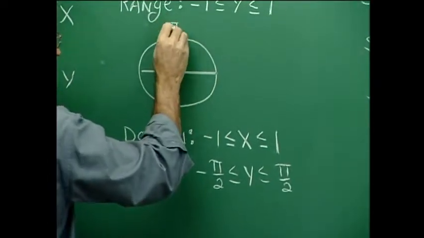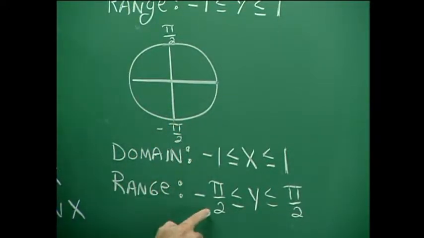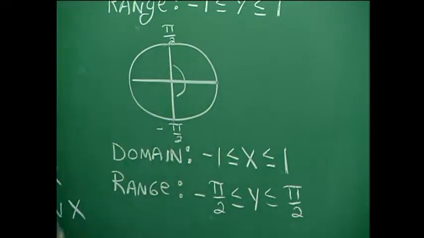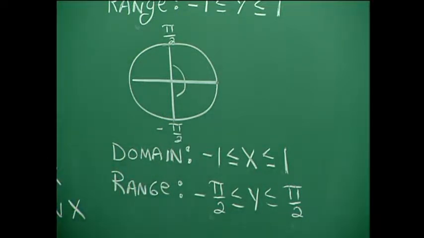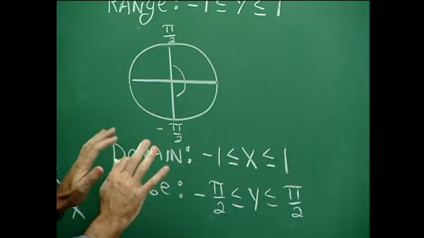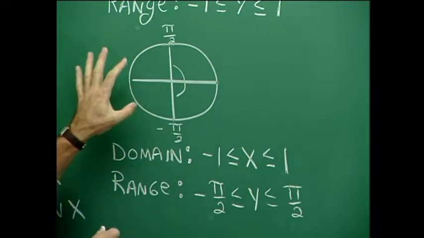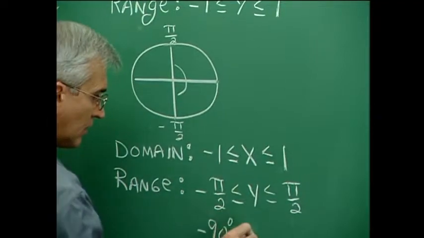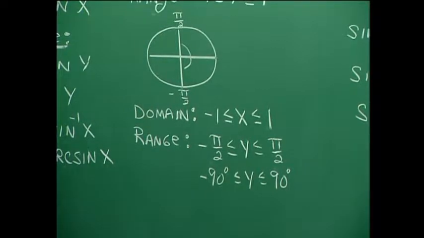Here's pi over 2. Here's negative pi over 2. So from negative pi over 2 to pi over 2, we're talking about these two quadrants. You see, so when we perform this operation of inverse sine, we're going to get answers or angles that fall in these two quadrants only. Now, we'll deal with other situations, but we need to realize that from the very beginning. All right, and this corresponds to negative 90 degrees to 90 degrees.